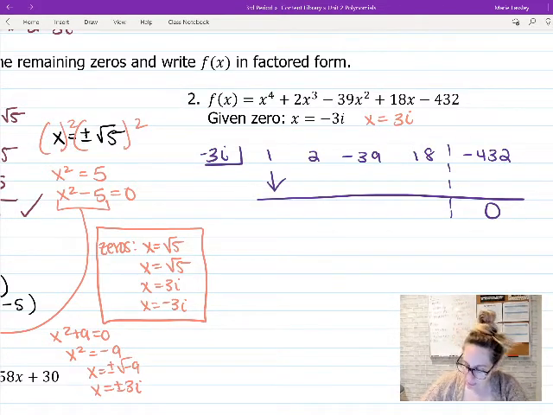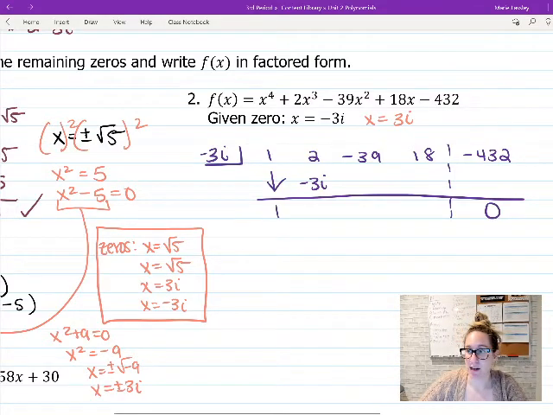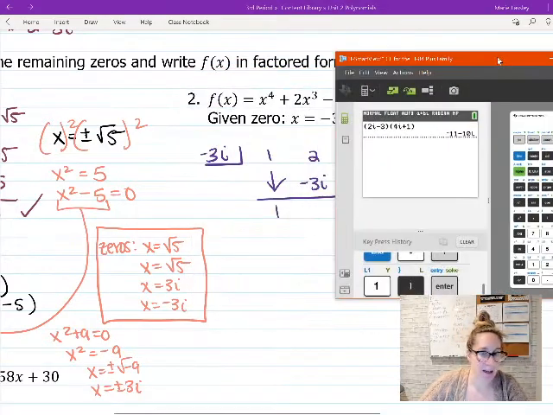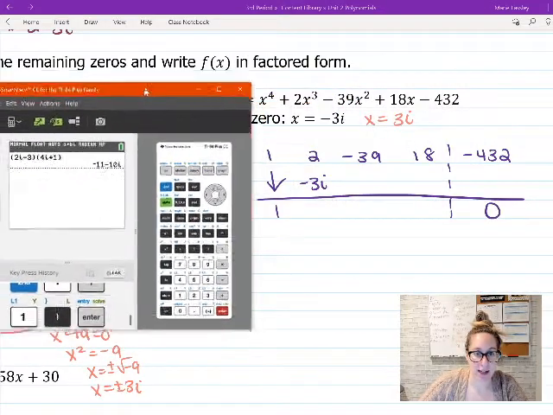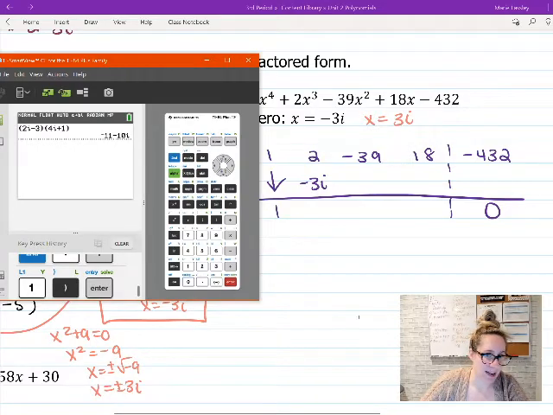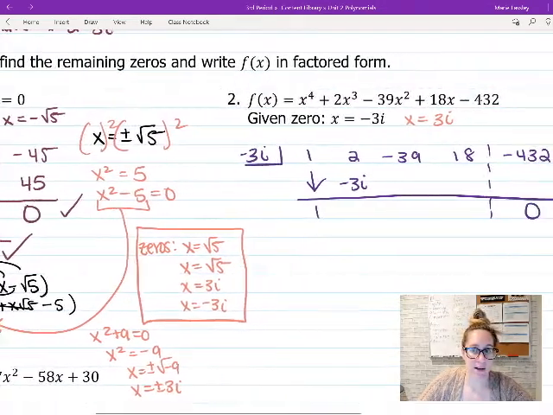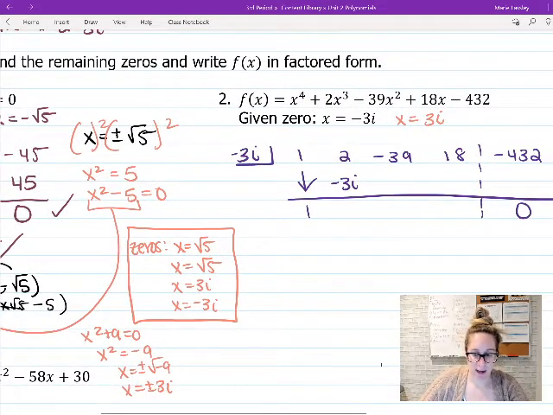Okay, so bring down my 1, and now I'm going to multiply. Negative 3i times 1 is negative 3i. Now this might be where you would want to use your calculator. So here's my calculator. It kind of sucks that it's right there, but it is what it is. I guess I can move this over a little bit and then put my calculator up.